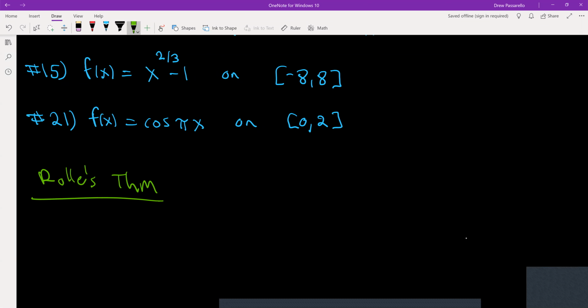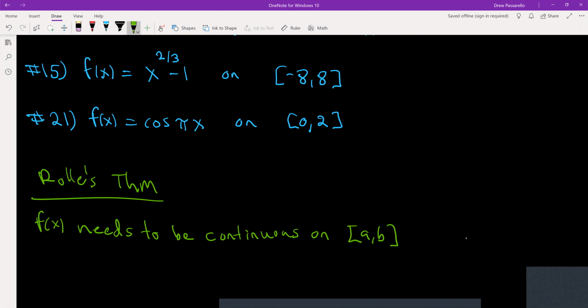There are certain conditions we need. We need f of x, the function, to be continuous on the closed interval AB.